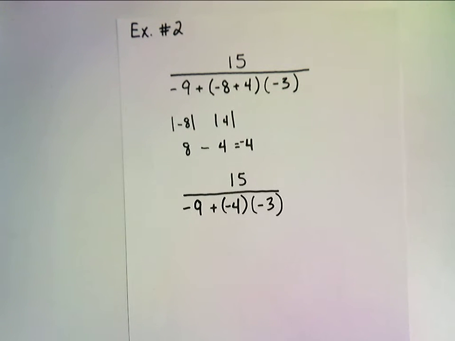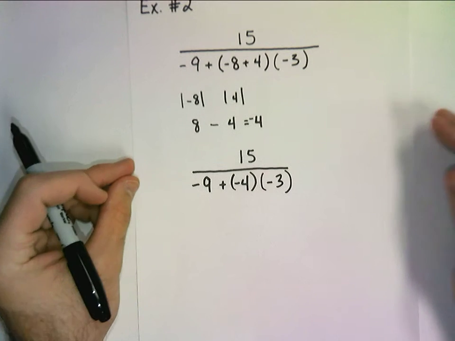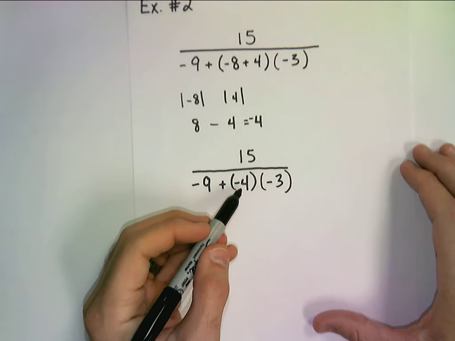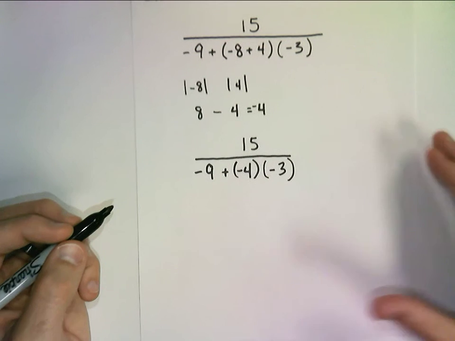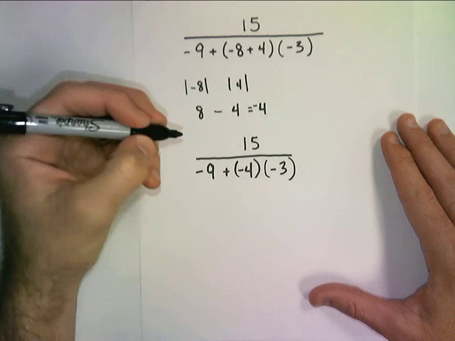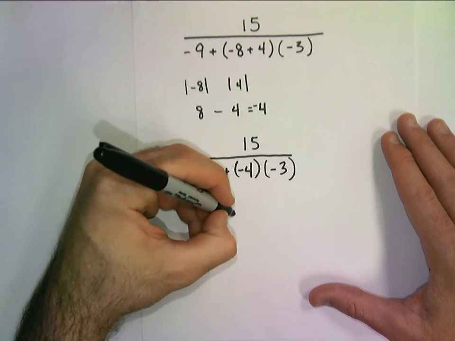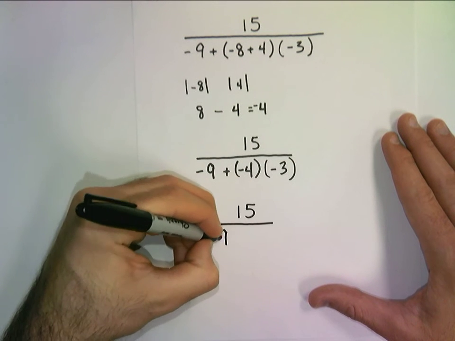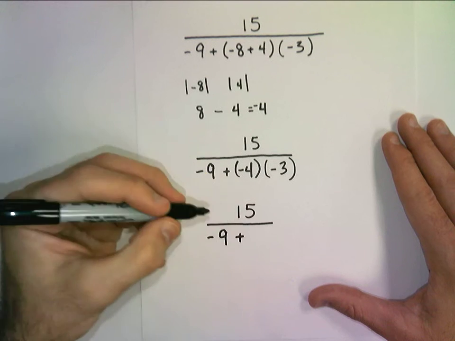So here's the next step in our process. What would come next here would be multiplication. We'd have our negative 4 times our negative 3. Remember, a negative times a negative is a positive. So I would have a positive 12 there. So 15 divided by negative 9 plus 12.